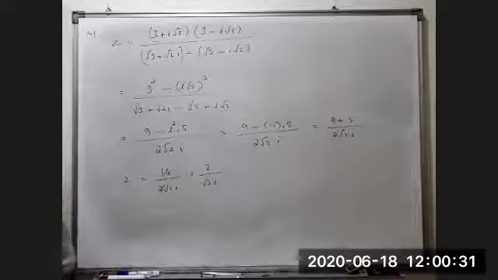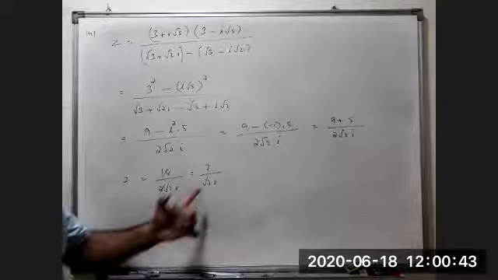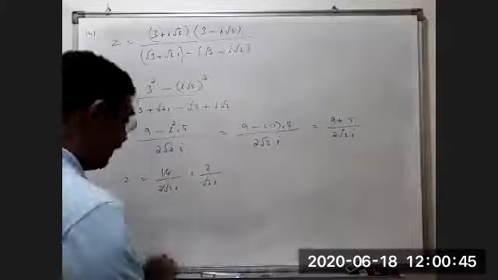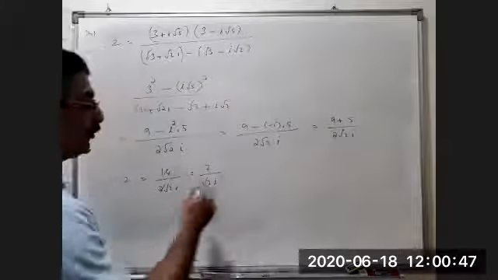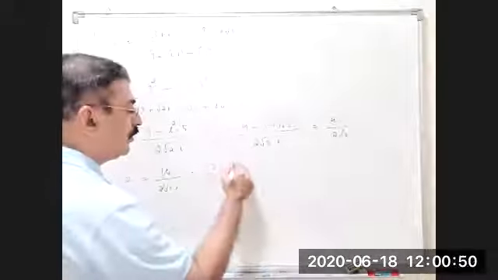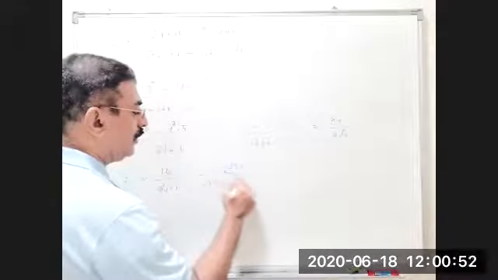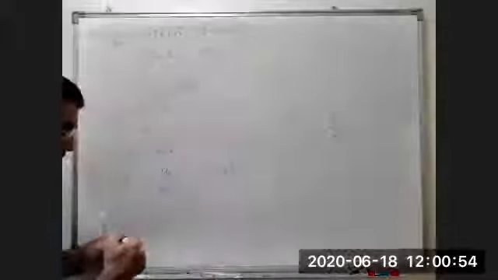We never keep i in denominator. So multiplying, similarly root also, right? So multiplying this with root 2i, root 2i.